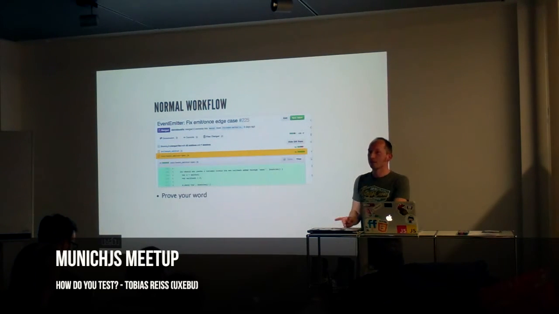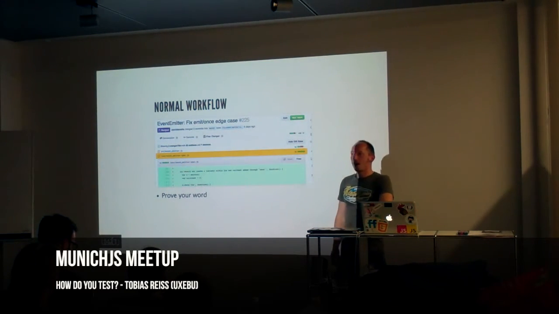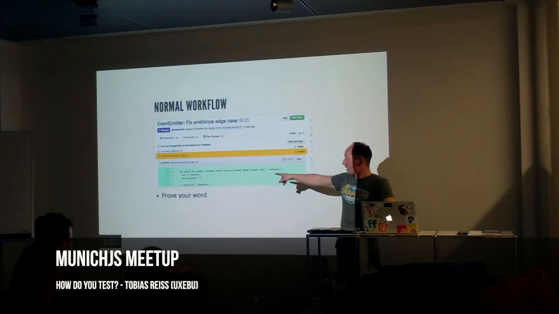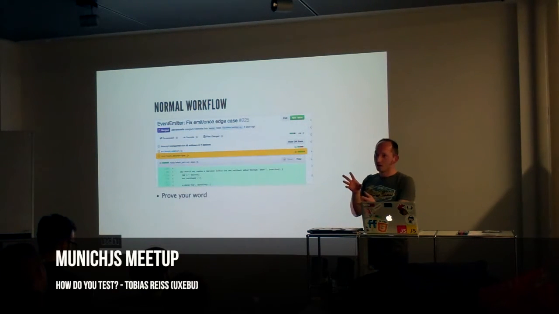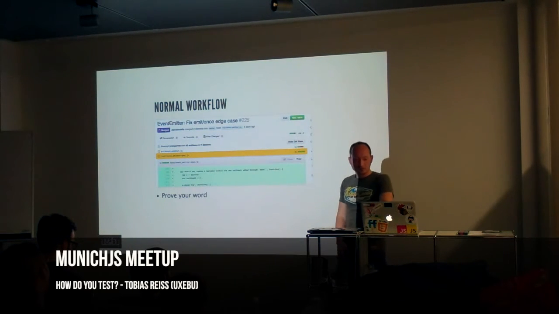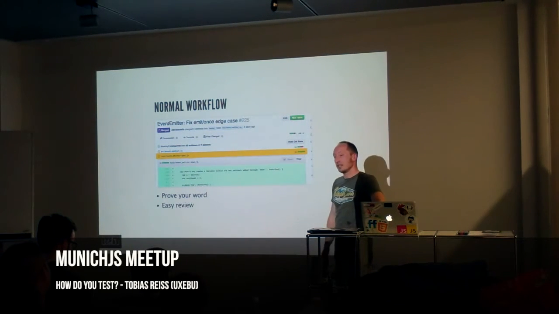That's the first thing. So the developer doesn't have to check all the time whether it makes sense, what he did. There's a test, so obviously there was something wrong. If it's a unit test, I have a super small proof of that bug, and that's really easy to review.